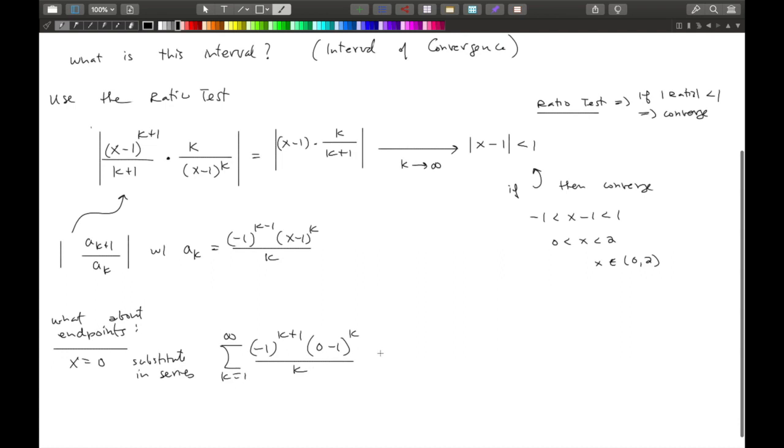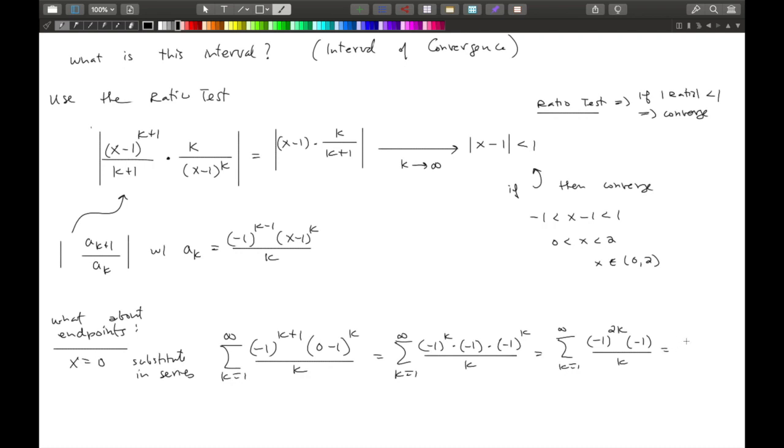But because the negative 1 to the k plus 1 is really just negative 1 to the k times negative 1, and the second piece is also equal to negative 1 to the k, then you've got really two negative 1 to the k's up top. And they combine to give you a negative 1 to the 2k, which of course is just positive 1, because if you raise negative 1 to some even power, you're going to get a positive 1.